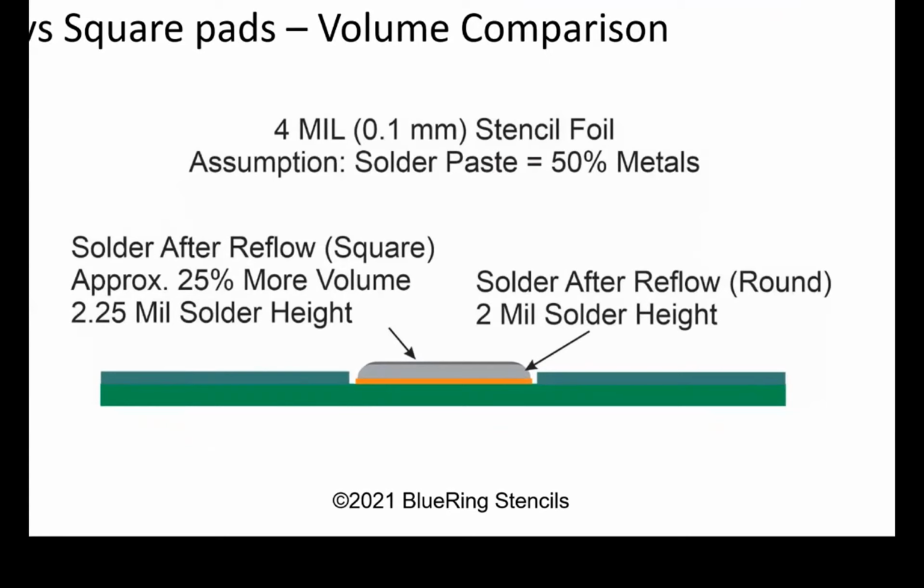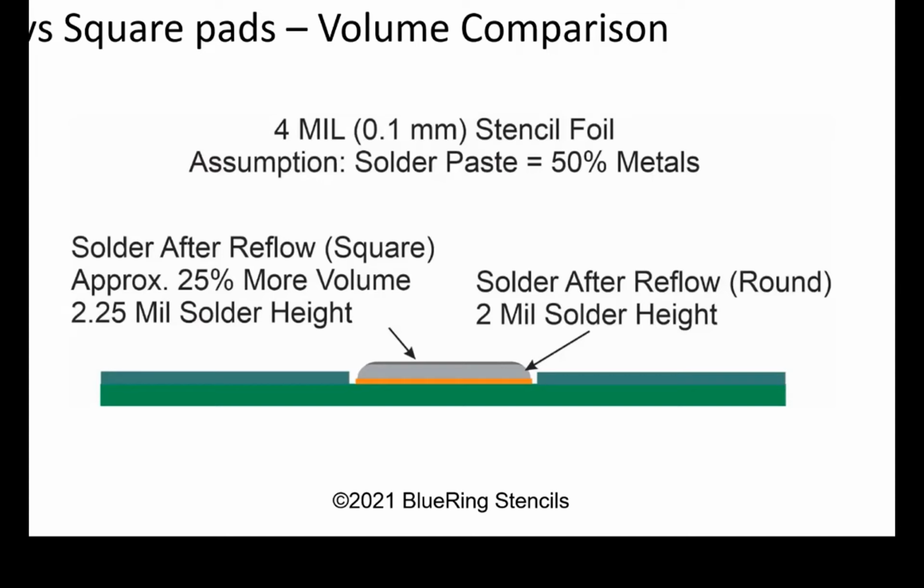I've not studied exactly what the solder paste deposit looks like during reflow as the overprint pulls back into the copper pad, but here's what we can expect physically after reflow. If we deposit 25% more solder paste, the net solder height after reflow would be half of that, or 12.5%. So during reflow, the solder paste deposited off of the copper land pad will pull back to the copper pad.